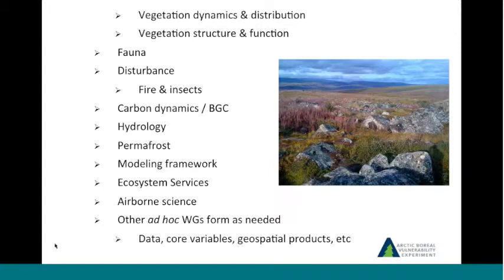Carbon dynamics and biogeochemistry, hydrology, and permafrost is a key one. We have a whole modeling team and modeling framework and model comparison activities that will be a key part of Above and ramp up quite a bit quite soon. And ecosystem services, as I mentioned, and then a whole airborne science component that'll be coming online. And then there'll be other ad hoc working groups formed for things like which core variables and geospatial products are produced by the projects and so on.